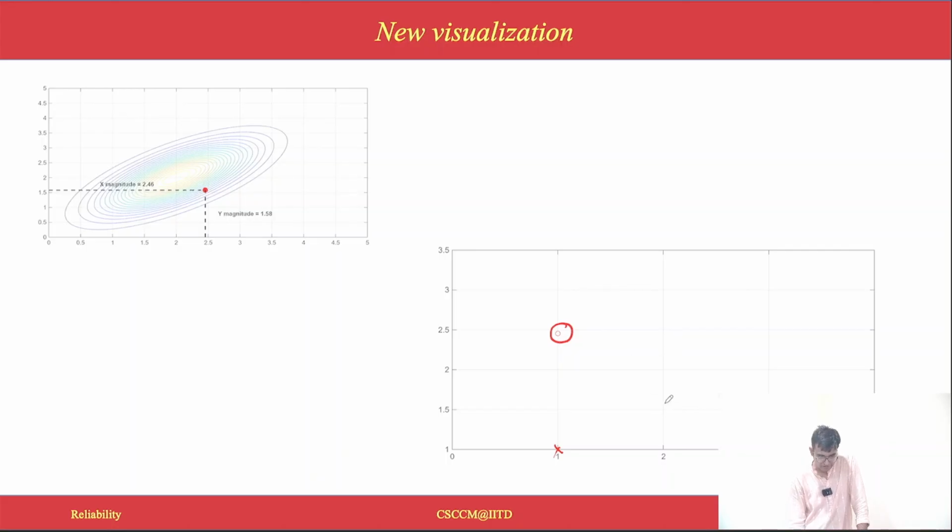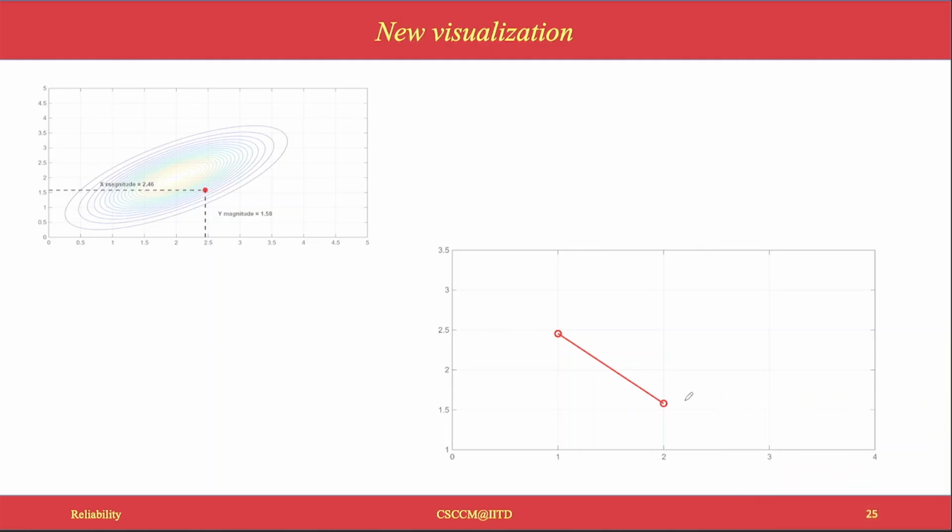So maybe somewhere here, right? You see, it is there. And then how will you represent the sample? By connecting these 2 points. So that sample is now represented by this line, these 2 points connected.